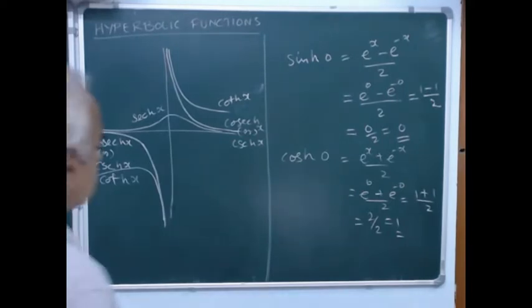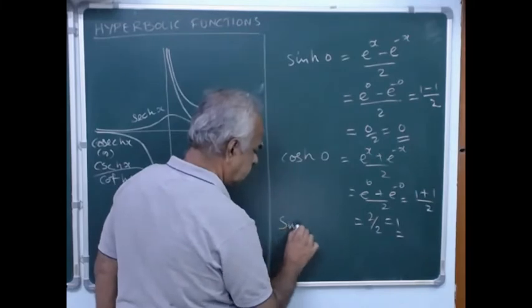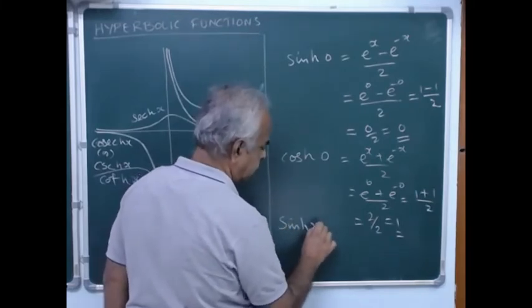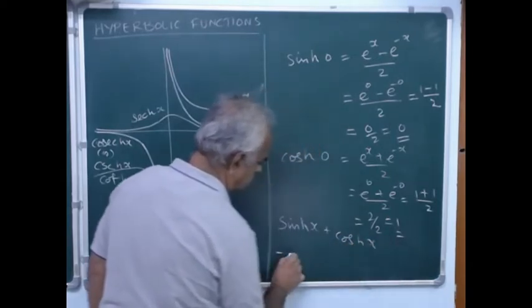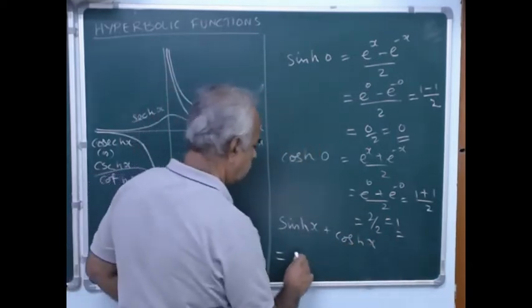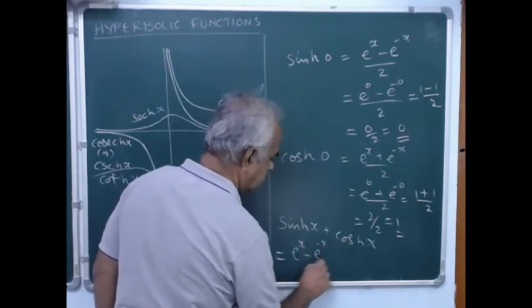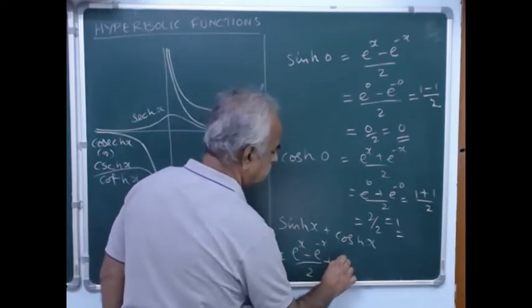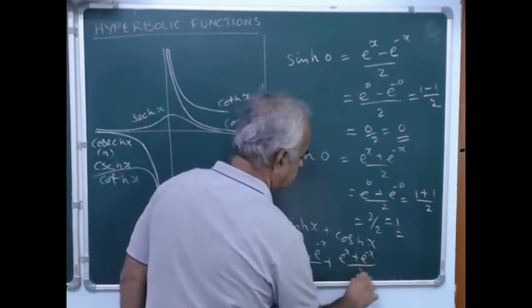And we should also know the addition of sinh x plus cosh x. So this is equal to, we already know, e power x minus e power minus x whole divided by 2 plus e power x plus e power minus x whole divided by 2.